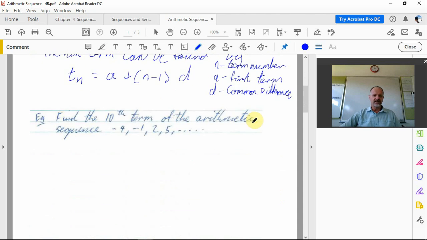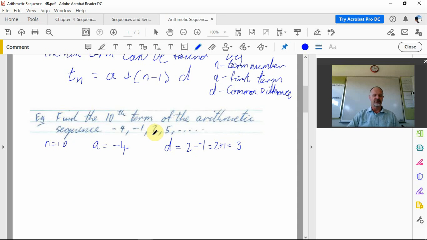So here it says find the 10th term in the arithmetic sequence. We know that we want n equals 10. We know that A, the first number, is -4. So then let's have a look at the difference. To get your difference, just take any term and subtract the one before it, so it's 3.